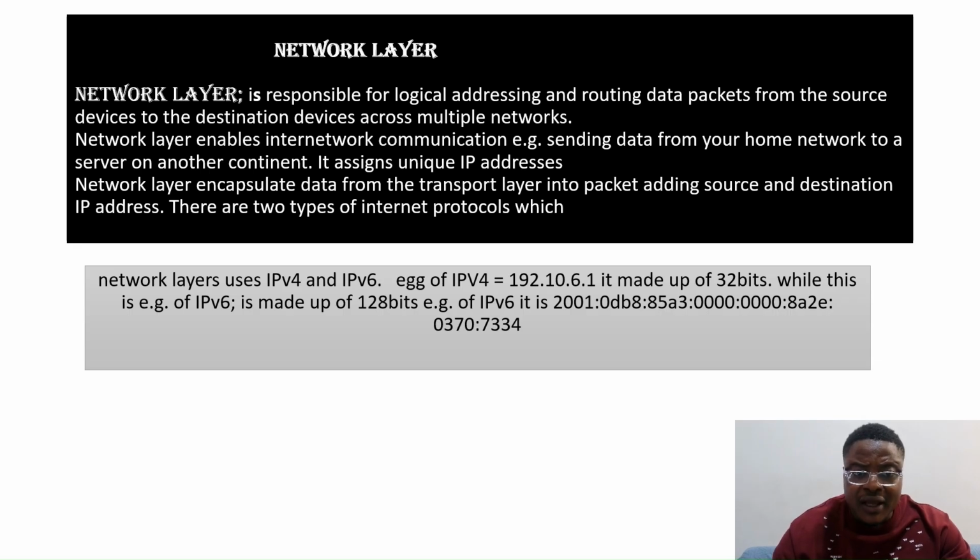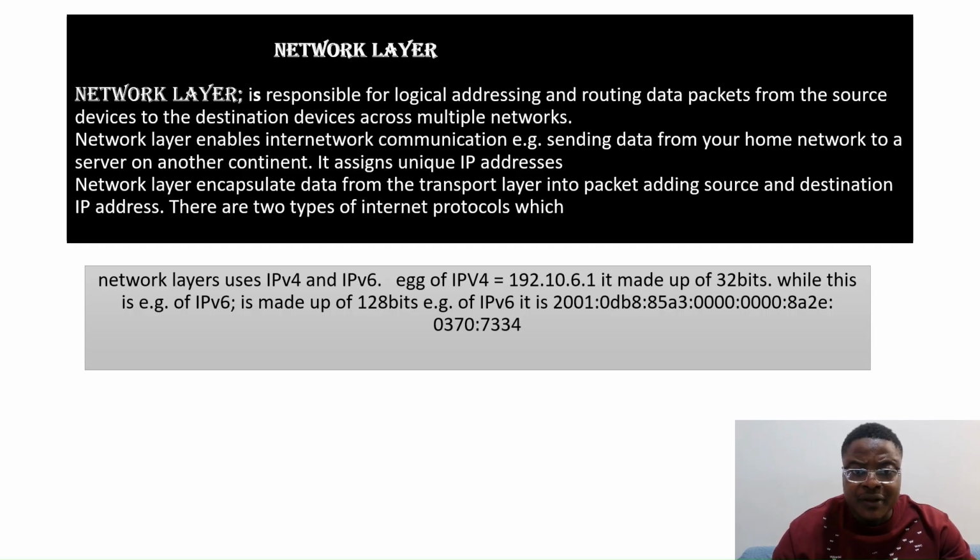The network layer encapsulates data from the transport layer into packets, adding source and destination IP addresses. There are two types of internet protocol, known as IP. The network layer uses IPv4 and IPv6. IPv4 is 32 bits, while IPv6 is made of 128 bits, and this is the example.